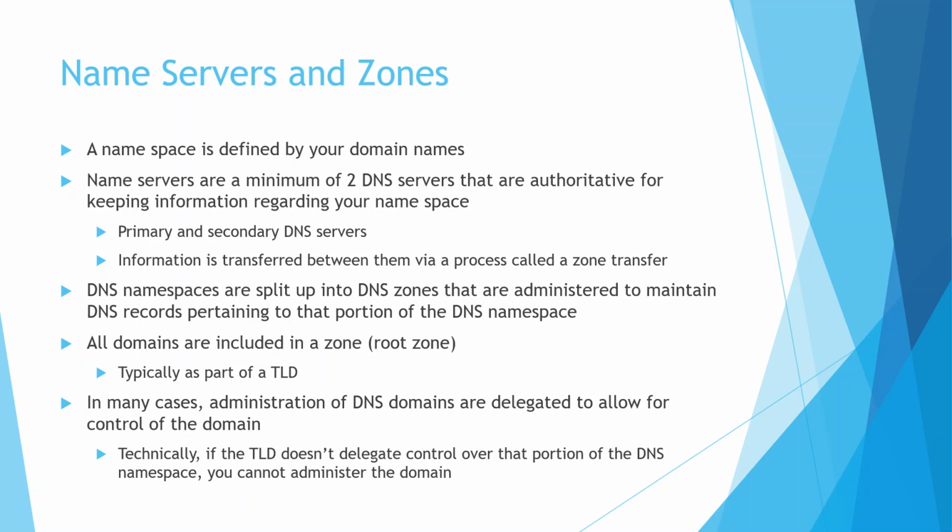Then we have namespaces that are going to be split up into DNS zones. Zones are basically little pieces that are carved up. For instance, we have the com namespace, the com top-level domain, and that is this huge area. Okay, it's this huge namespace.